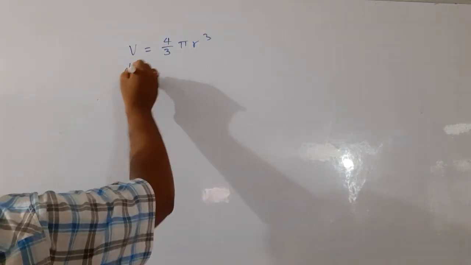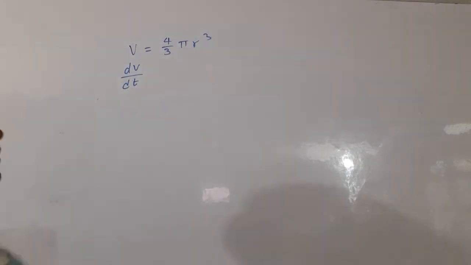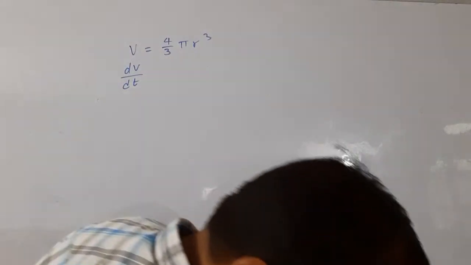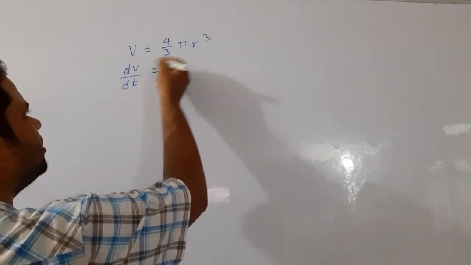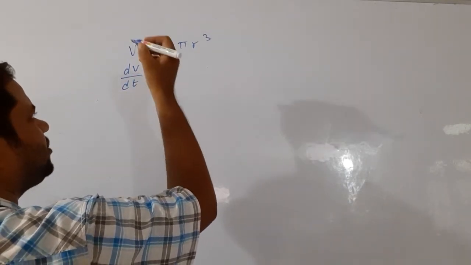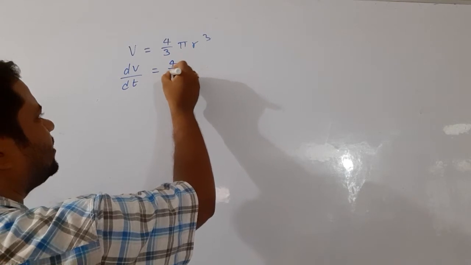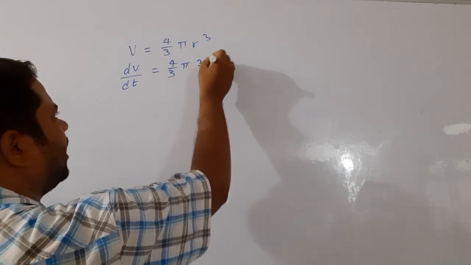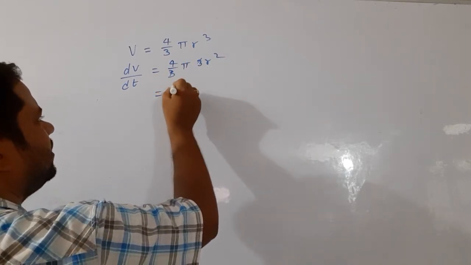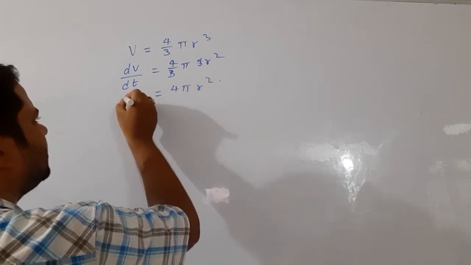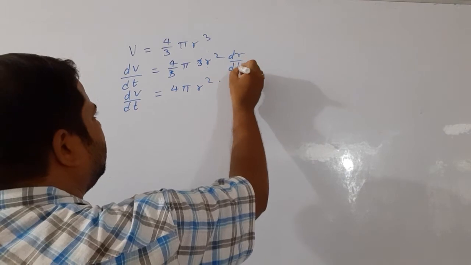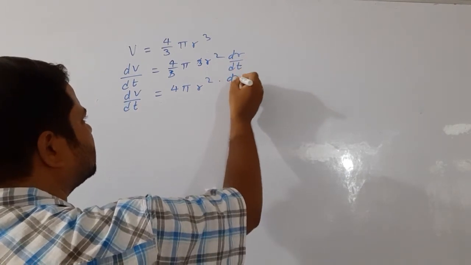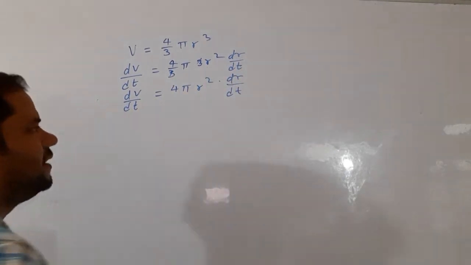Now dV upon dt, the rate of change of volume with respect to time, is 4 by 3 pi into 3r square, the 3 cancels, so 4 pi r square into dr upon dt. Okay.